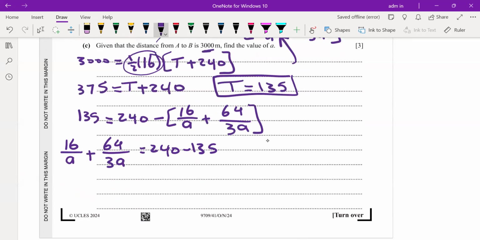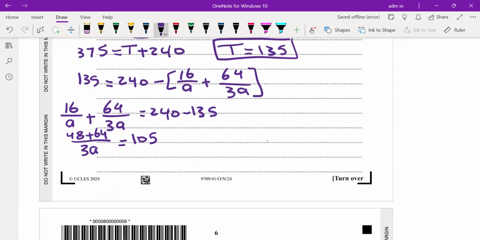Writing this part as a single fraction, the denominator will be 3A. So 48 plus 64 over 3A is equal to 240 minus 135, which is 105.